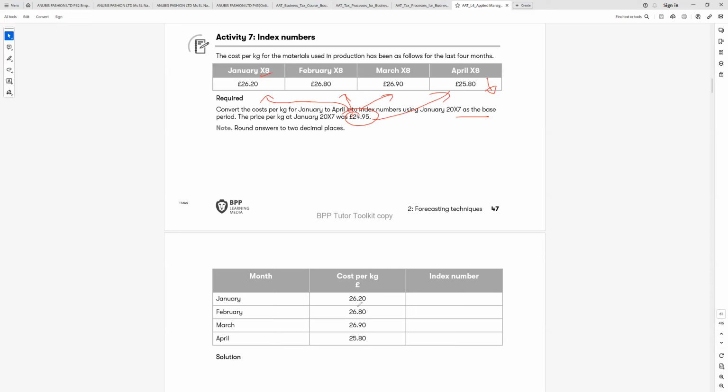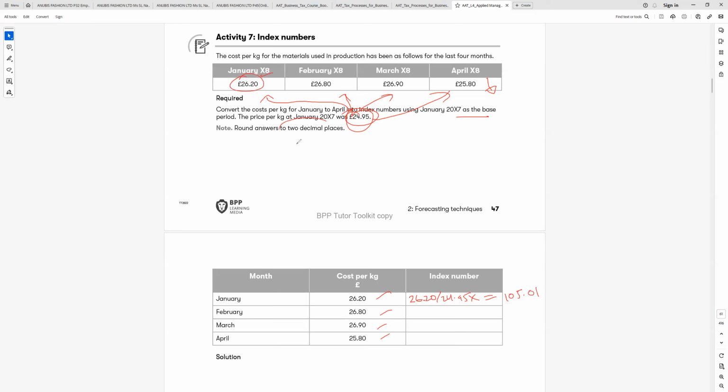So in January we can see here 26.20, and then 26.8, 26.90, and 25.80. So we need to use our index number. The base period will always be at the bottom, that is 24.95, and the current period will be on top. The current period is 26.20, January 2018, divided by the base period 24.95, and we need to multiply by 100, and that will give us 105.01.